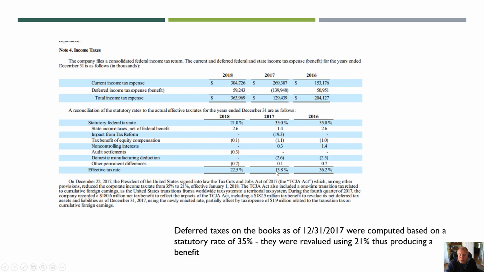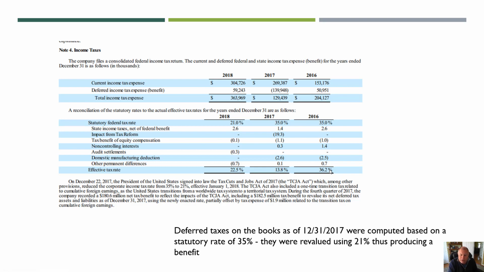So we took the benefit of all those deferred taxes, which were computed using the 35, and they have now been revalued at 21. So we see this is a big number, so we've got to look at this when we look at the financial income statement.